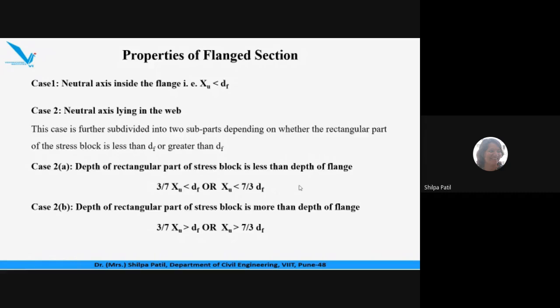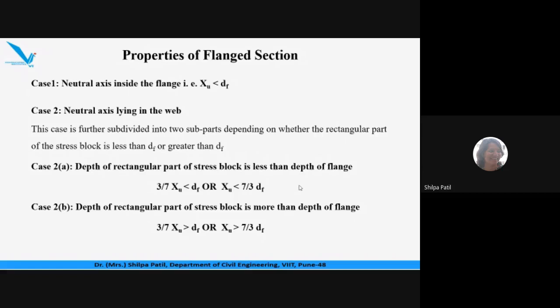So we have to assume some Xu value initially, calculate the yf, then calculate Mu, check the Mur, then check it with the bending moment. All this lengthy process goes on increasing. So instead of considering case 2a first, we go directly to case 2b and verify whether Xu is greater than 7 by 3 Df or not. And then we further proceed.